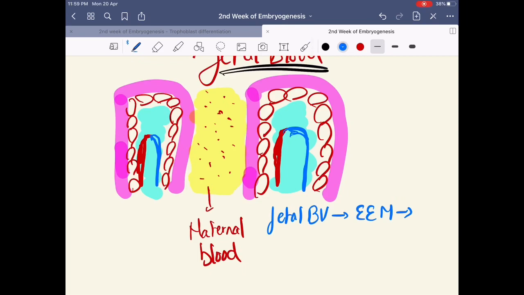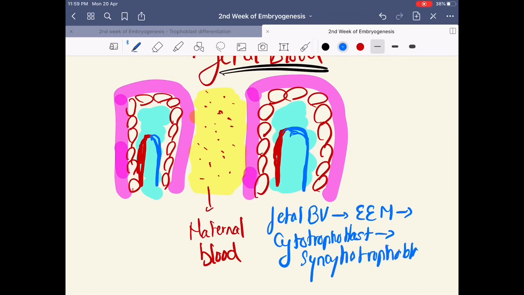Then it is going to traverse your cytotrophoblast, right, cytotrophoblast, and then it's going to traverse your syncytiotrophoblast, right. Then it's going to enter into the lacuna where there is maternal blood, and the reverse also happens. Clear? This is how the waste from the fetus is removed from the body, and also how nutrients from the mother reach the baby. Clear?